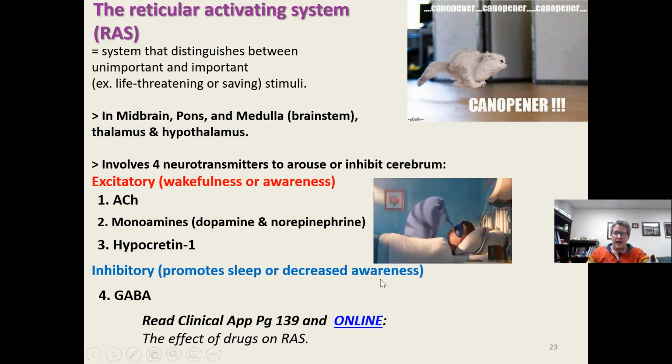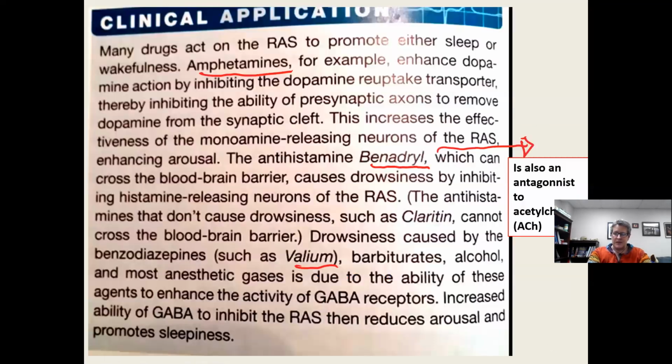Now, I have a clinical application. If you're looking at this PDF online, you'll be able to look at it. But there are drugs that affect your reticular activating system. And here it is. So stimulant drugs, nicotine, cocaine, amphetamine, methamphetamine, speed, enhance dopamine action, which is stimulatory in the brain.